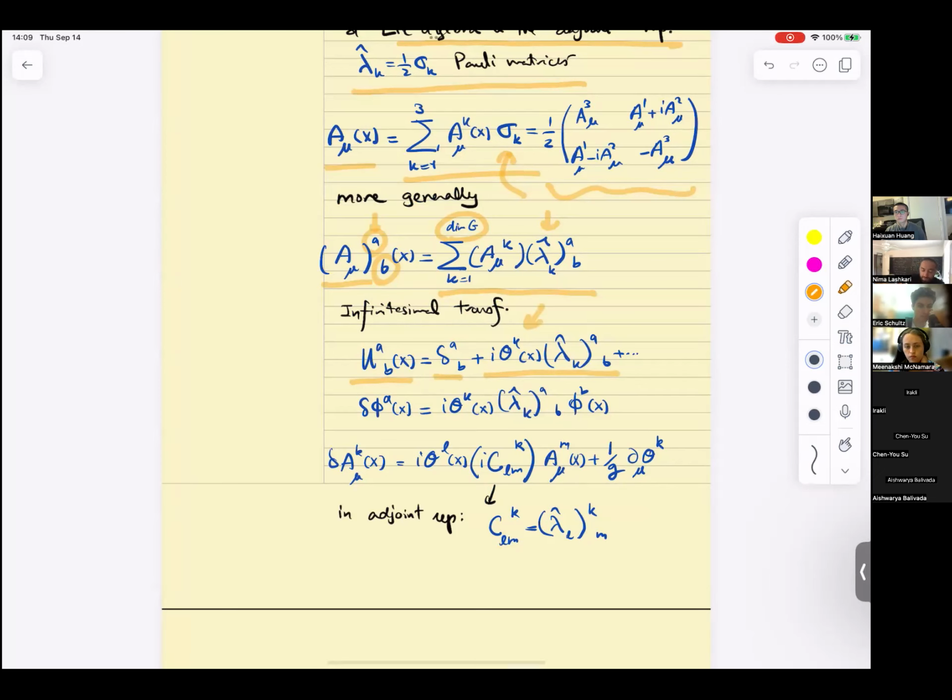Now notice that by making this symmetry local, previously we had theta_k's, now these theta_k's become theta_k(x), because at different points you're doing different transformations and you're requiring this to be a symmetry. So then delta phi(x) is going to be this. This is the variation of the field as expected.